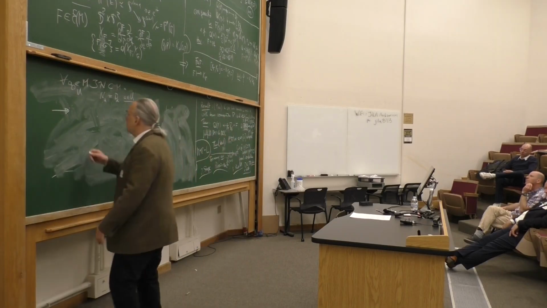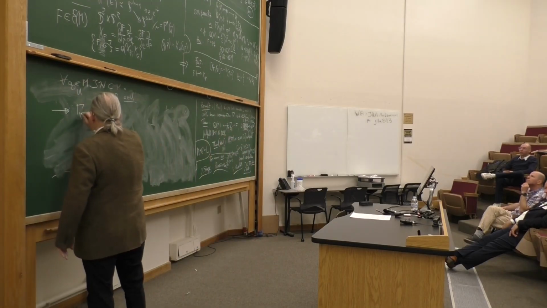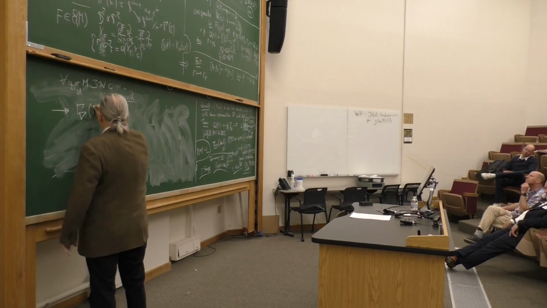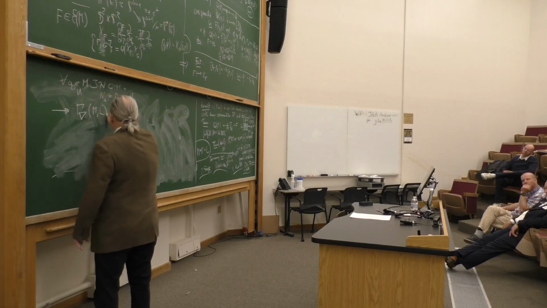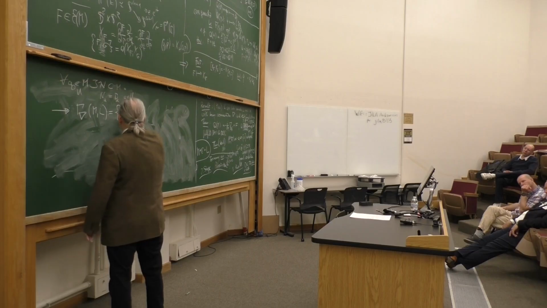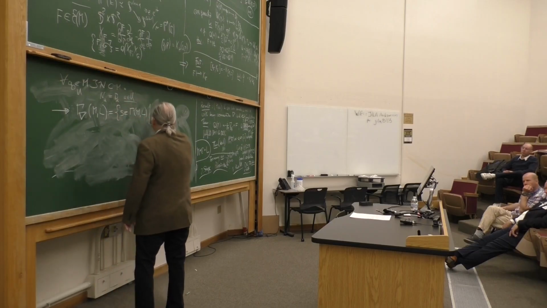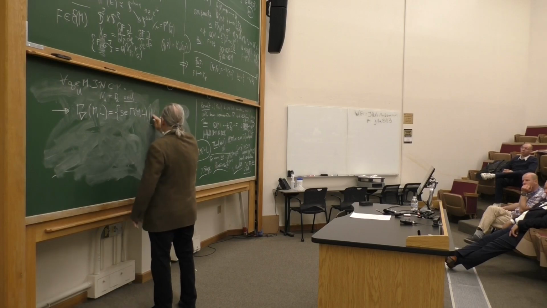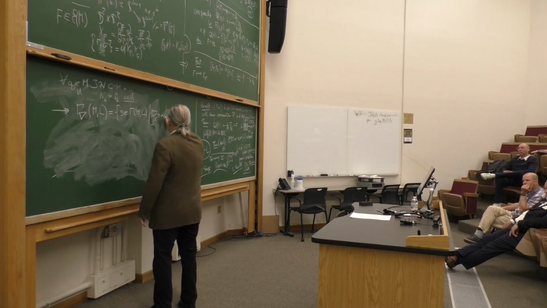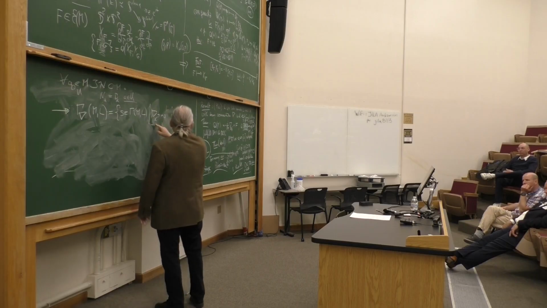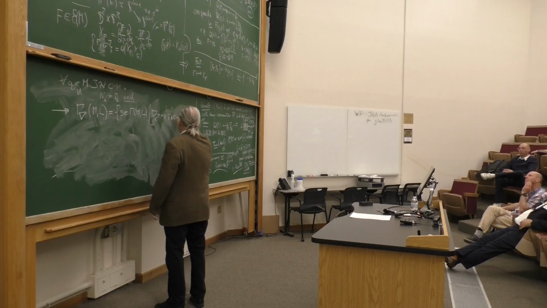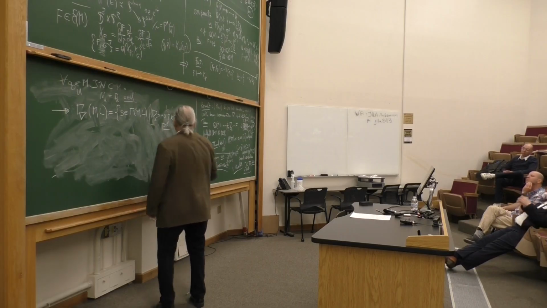And here is the main idea, and it works quite nicely. We take not all sections, but those which are parallel to the distribution, for all X in D. And these are called the polarized sections.